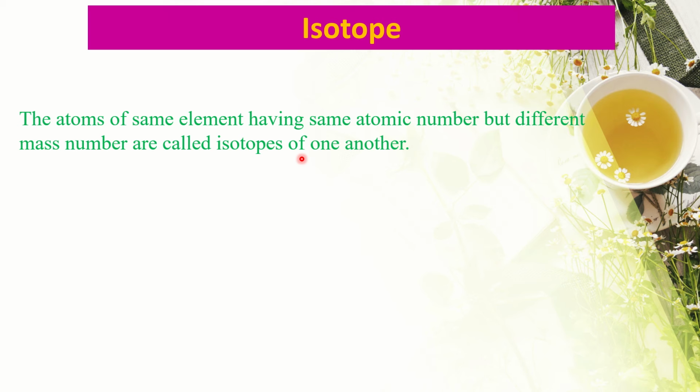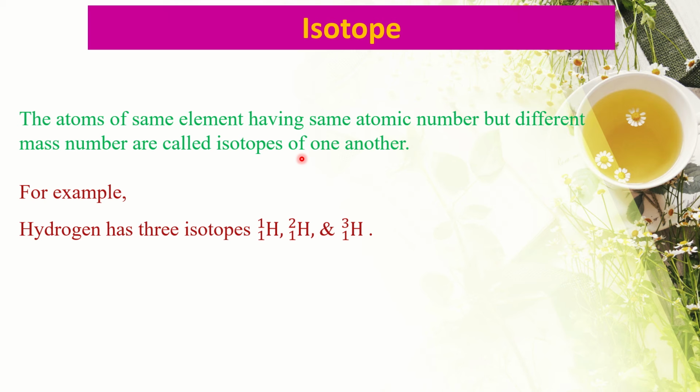Dear students, in this way, not only chlorine, there are many atoms and they have variation on their mass number. For example, hydrogen. Hydrogen has three isotopes.